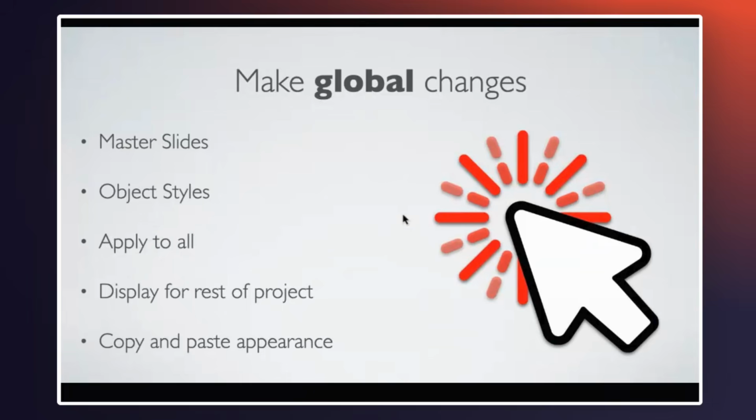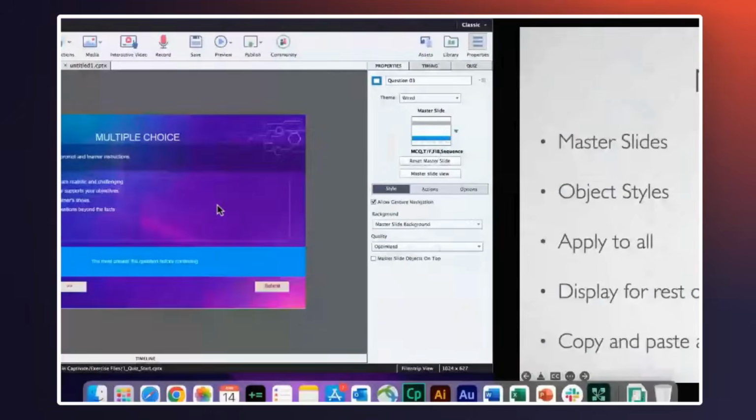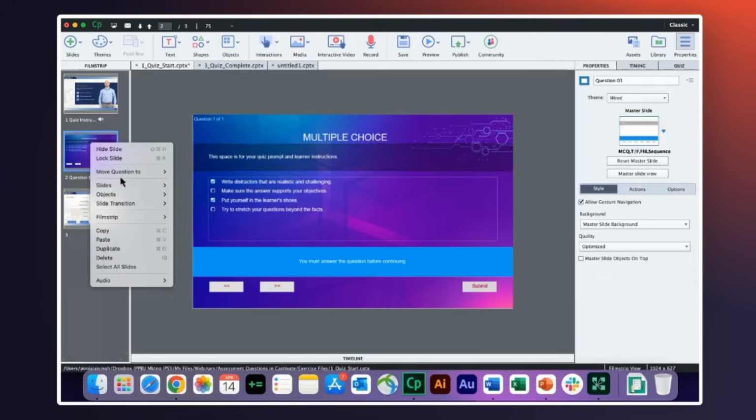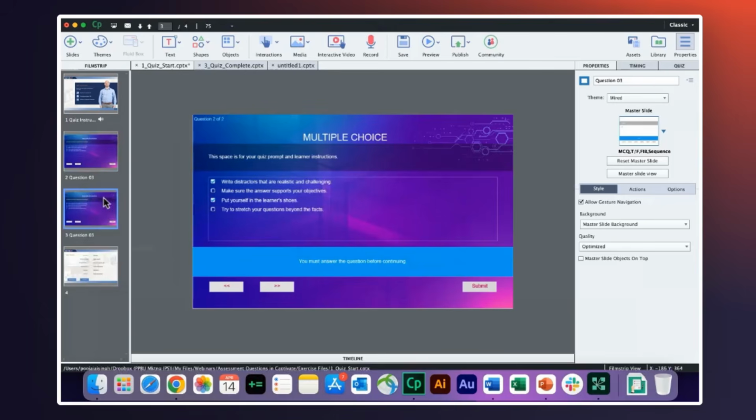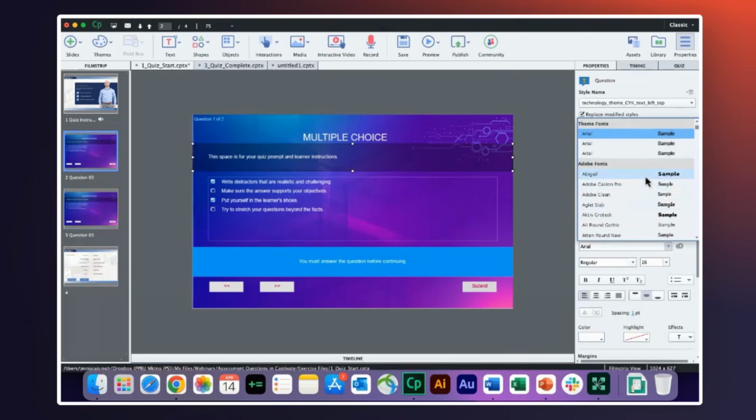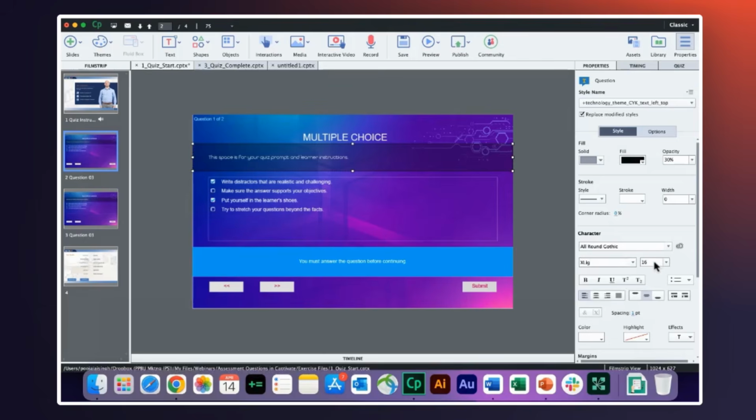Other than that, make global changes. Use master slides as I showed you. Use object styles. Captivate comes with object styles. Each object has its own object style. So make changes to it, use it, and then whatever questions you add. So if I duplicate this question and make any changes to this text, so instead of Arial, if I want it to be say Arial Rounded and 24 points so that it's more visible, I can go and save changes to the style.